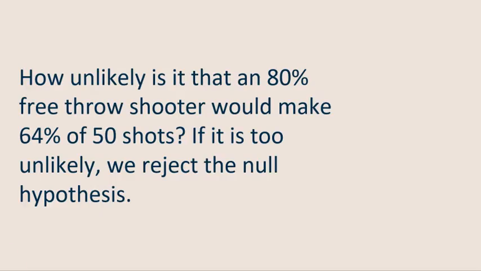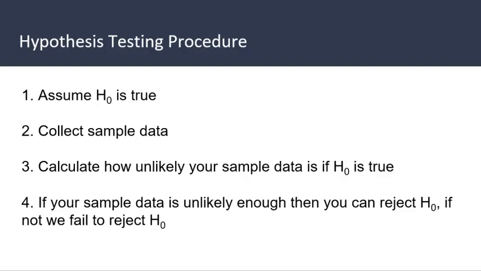What we saw in our activity is we did our dot plot, and the probability that an 80% free throw shooter would only make 32 out of 50 was super small. And so we decided that Coach Rivers was not an 80% free throw shooter because the probability of our sample happening was so small.